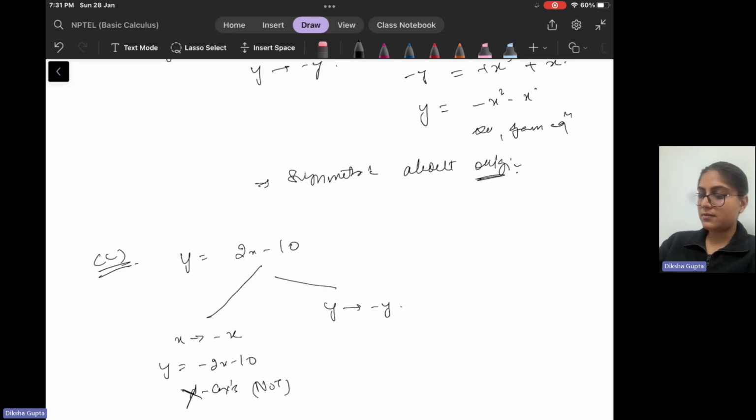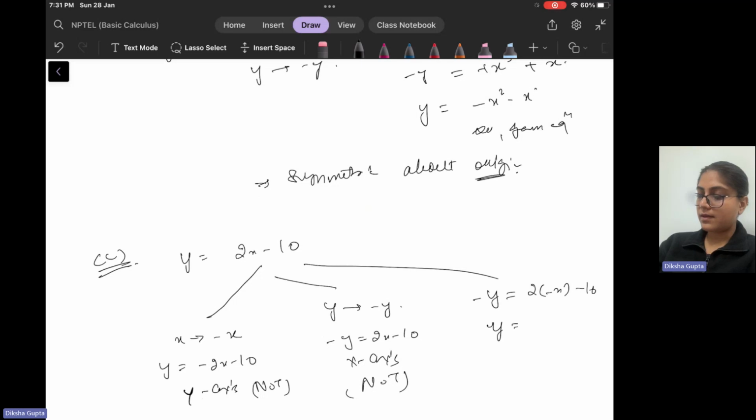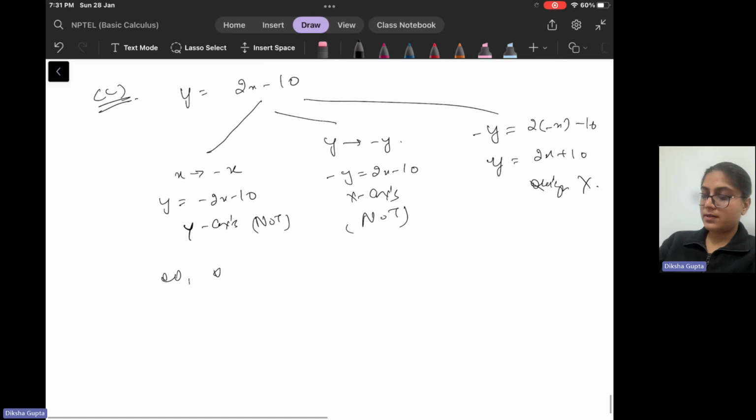Then y replaced with minus y, minus y equals 2x minus 10, again not symmetric about the x-axis. And replacing both, minus y equals minus 2x minus 10, y equals 2x plus 10, so the origin is not symmetric. So symmetric about none of x, y, and origin.